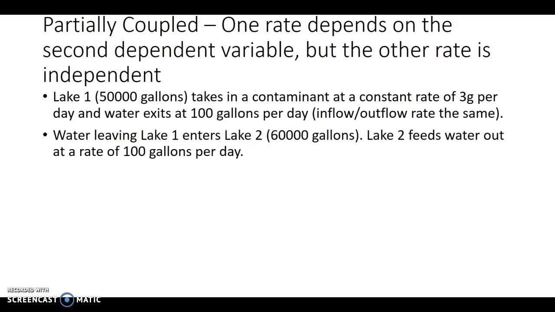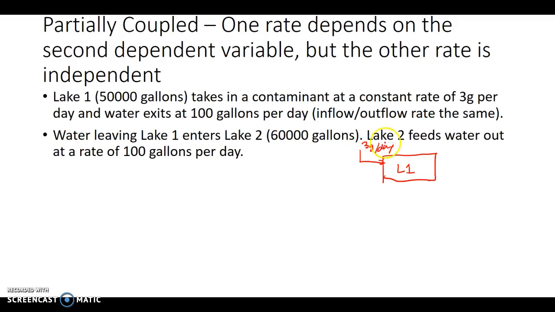Suppose that water leaving Lake 1 enters Lake 2. Right away, what we have going on here is a system where L1 represents Lake 1, and I have some contaminant flowing into this lake at a rate of 3 grams per day.